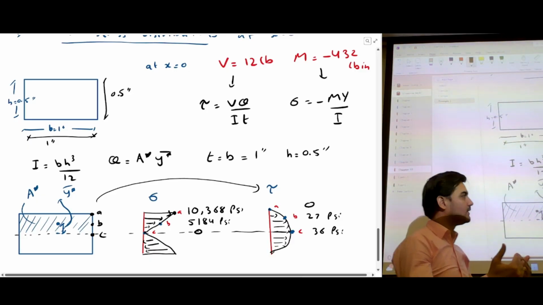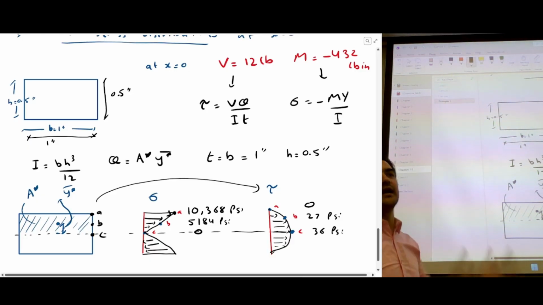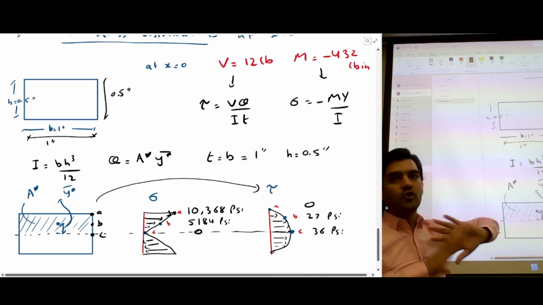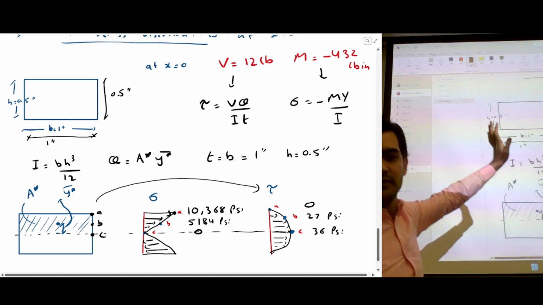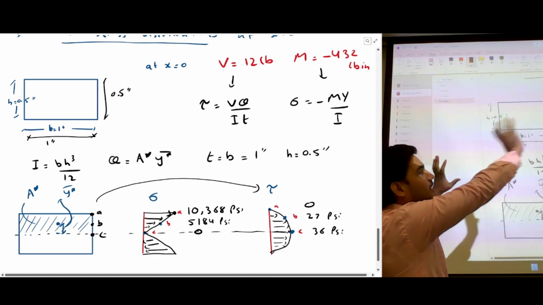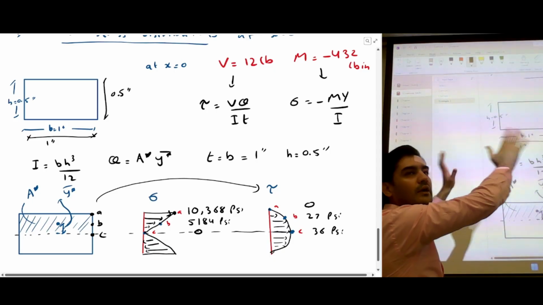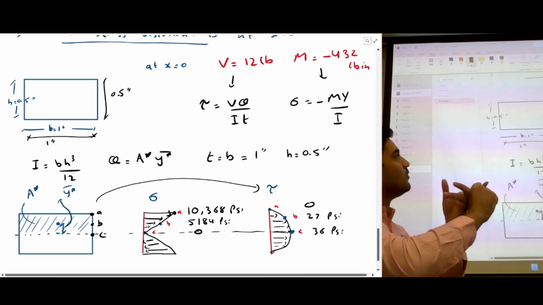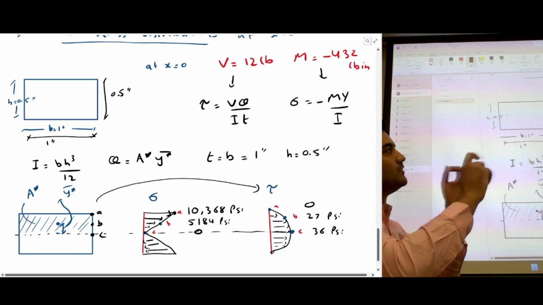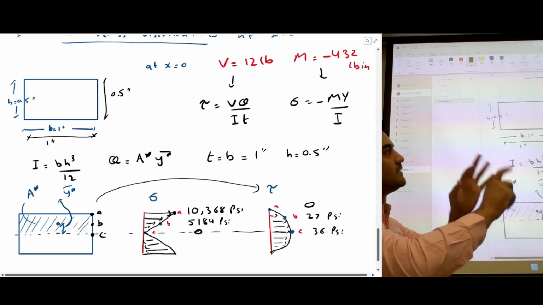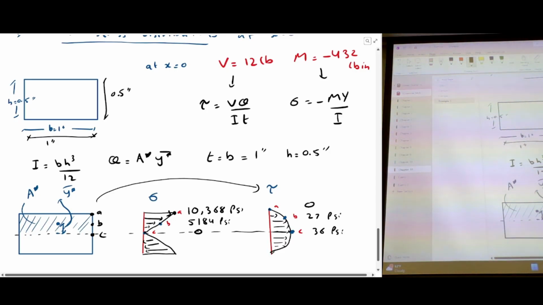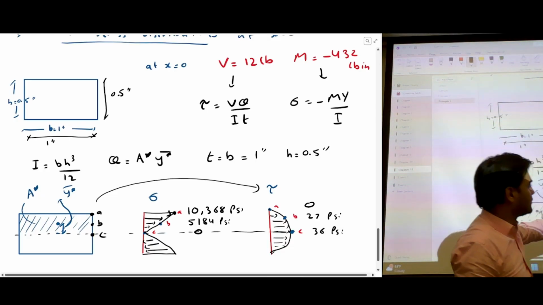The next step from this is extracting the stress elements. So you've got the whole picture, right? You have a member with different loading conditions. You calculate the reactions. You calculate the internal loads: axial load, torsion, shear force, bending moment. Once you have those internal loads, you calculate stresses, and you draw those stresses along the cross section.